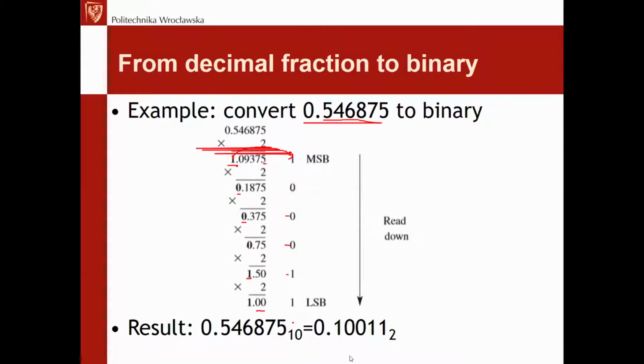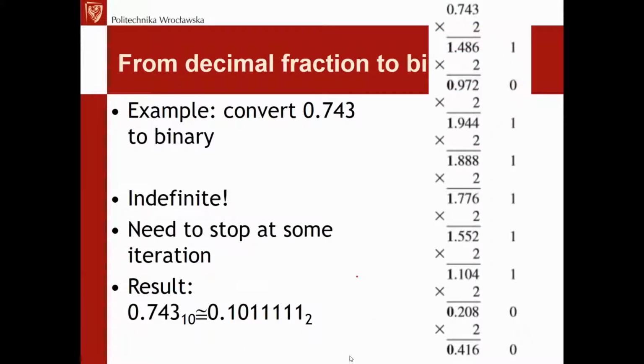So there is no error in conversion between the decimal notation and the binary notation of the fractional part. Of course, it might happen that we are not able to make a fractional notation without an error, without a remnant of a decimal fractional.